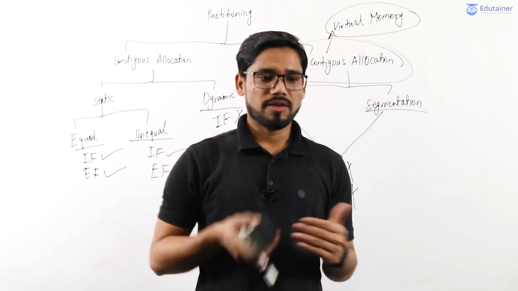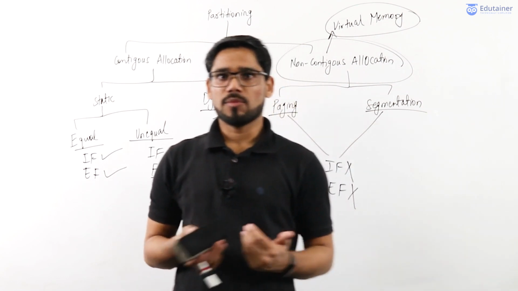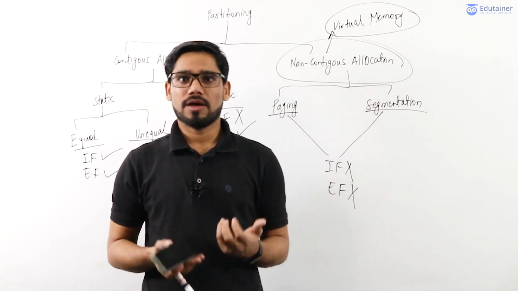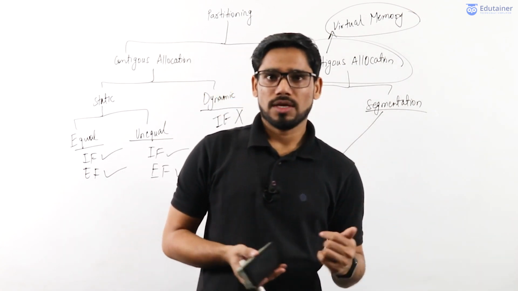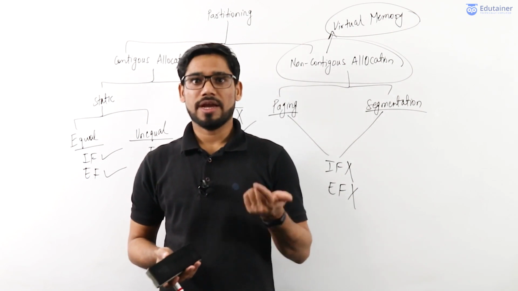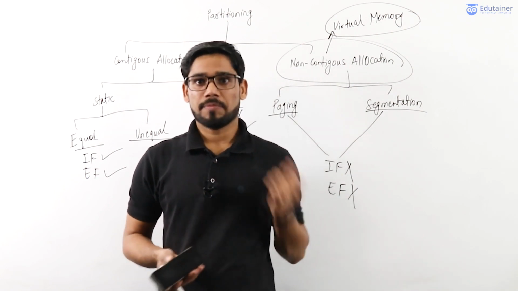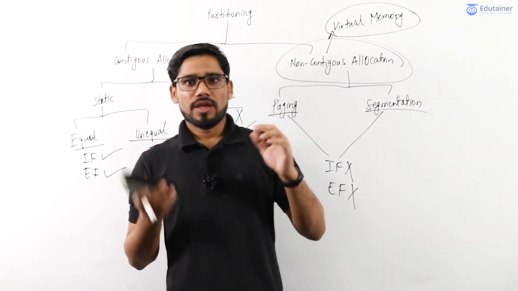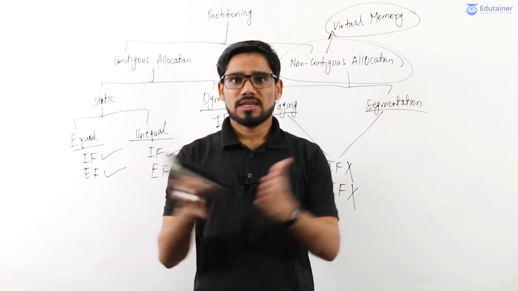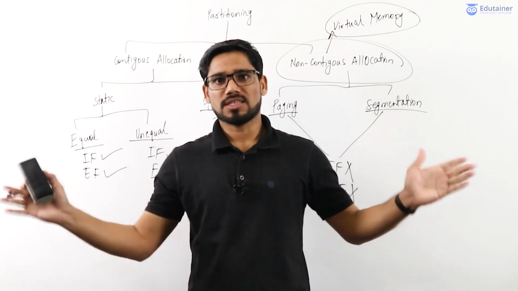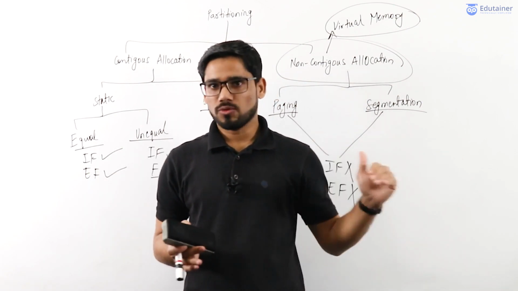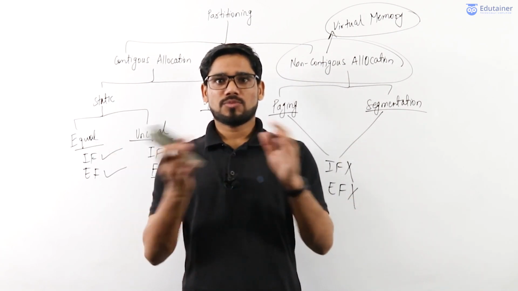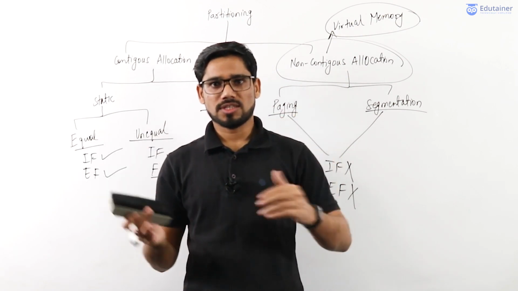Now what happens if gradually the size of main memory is increasing? In today's scenario, the size of RAM is generally 4 GB, 8 GB. In earlier days it was in KB. Now in virtual memory, we think of the main memory size as infinite, and we divide the processes into pages, various processes into various pages, and we run each page of the different processes in the main memory.